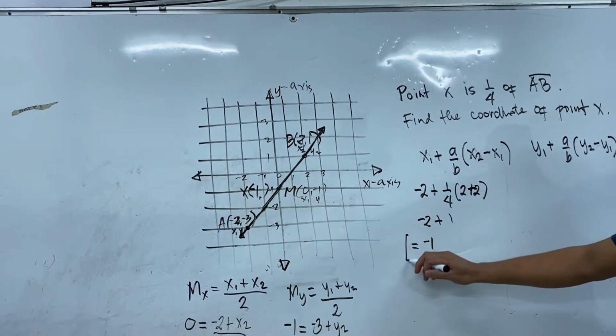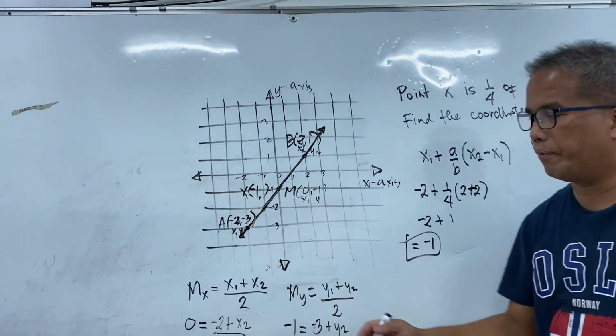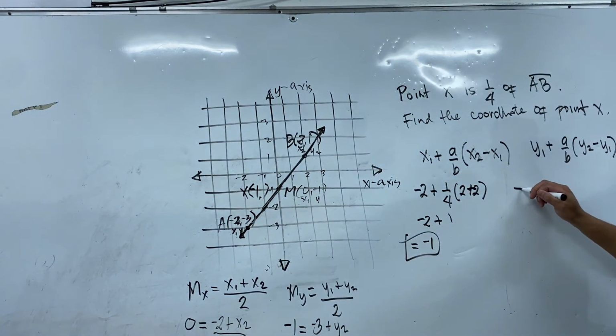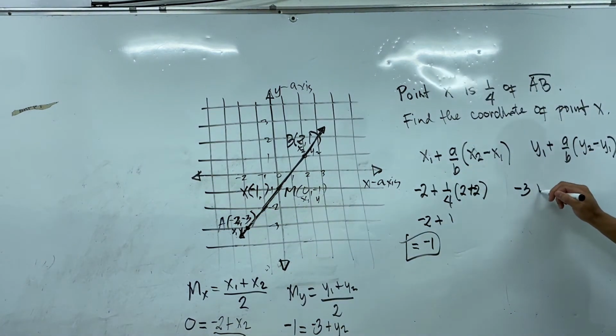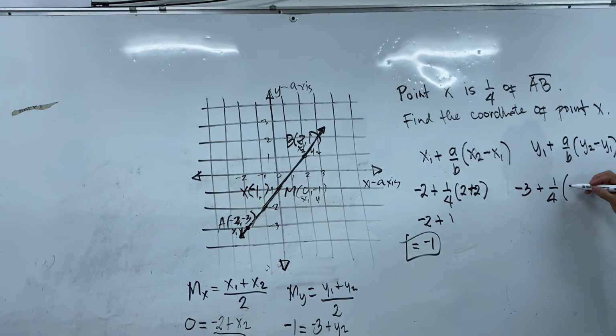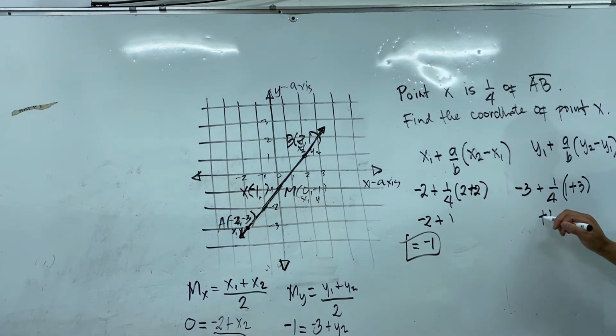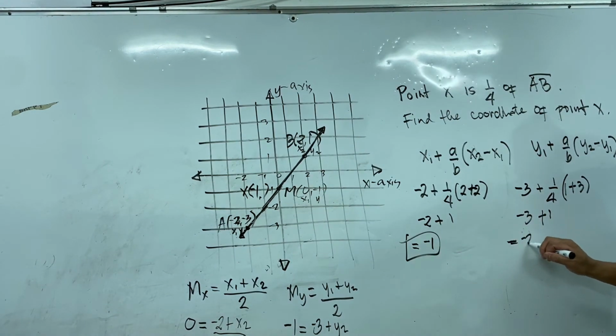Then for the Y, we have Y sub 1 is negative 3, then plus 1 over 4 times Y sub 2, which is 1, minus negative 3. So it will become plus. So 1 plus 3 equals 4 times 1/4 equals 1. So plus 1 here, then negative 3 plus 1 equals negative 2.